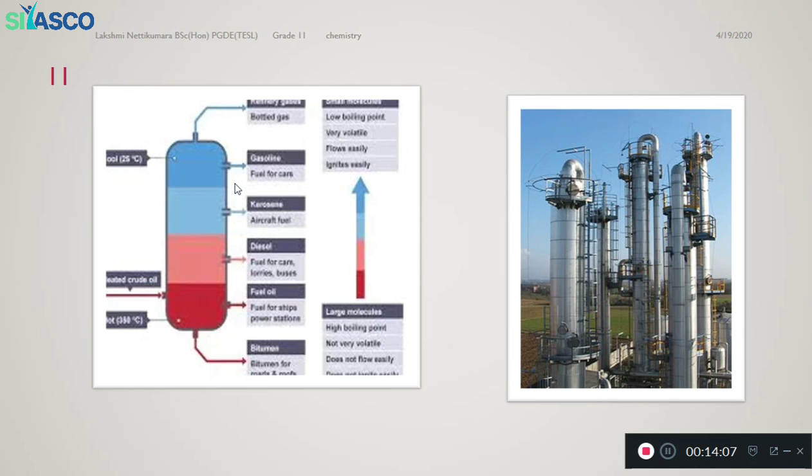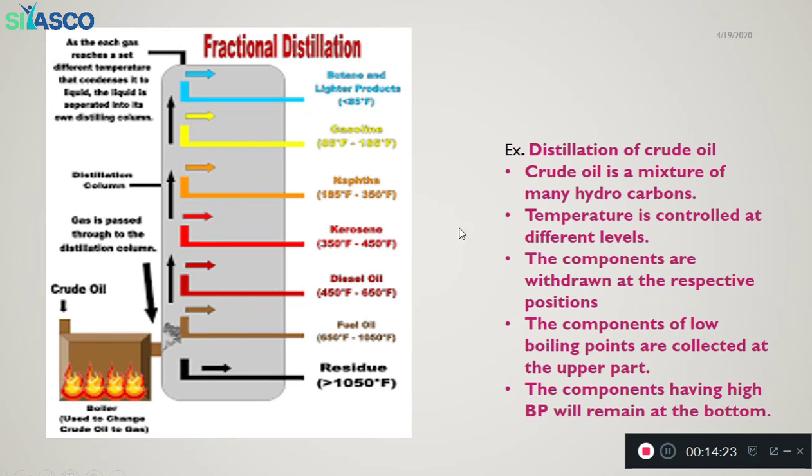We can use this method to separate the components of atmospheric gases also. In this situation, first liquefy the air and then separate oxygen and nitrogen. Here is the fractional distillation of crude oil, which is a mixture of many hydrocarbons.